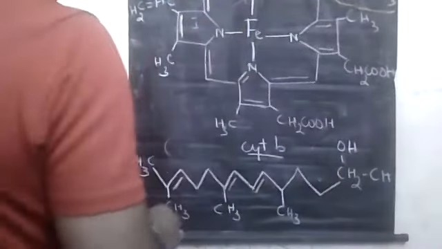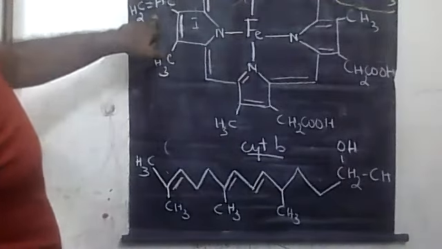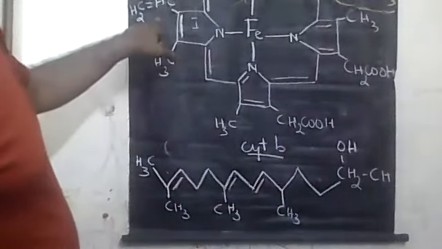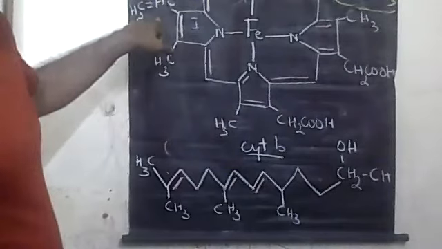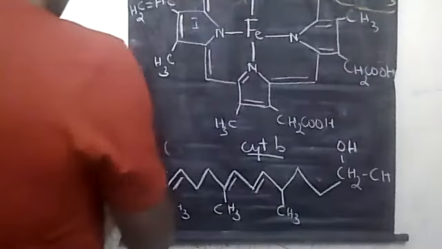This is called isoprenoid, which is going to be attached in this place. In this place. Once this isoprenoid is attached here, that becomes cytochrome A. So we'll just show that this attaches here.